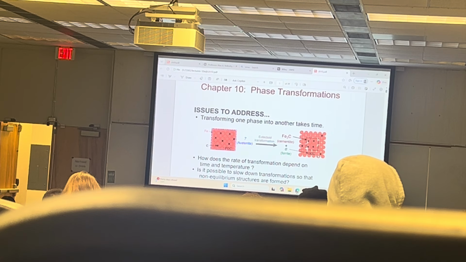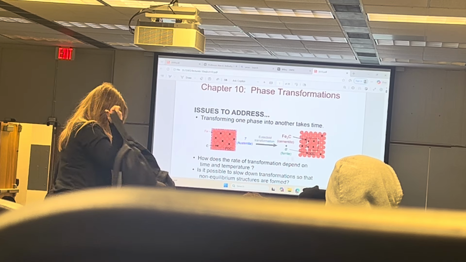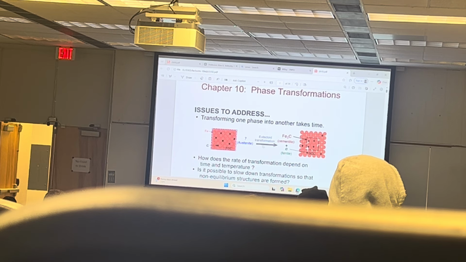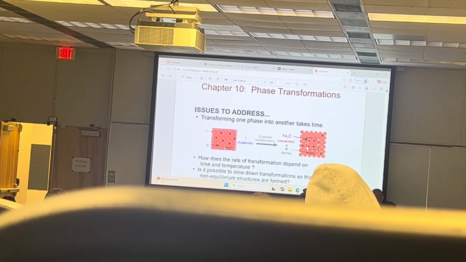Now we will discuss phase transformations. Here you see iron and carbon. This is austenite. Upon eutectoid transformation, it transforms into Fe3C and ferrite, which is BCC. So we had austenite, which is FCC.